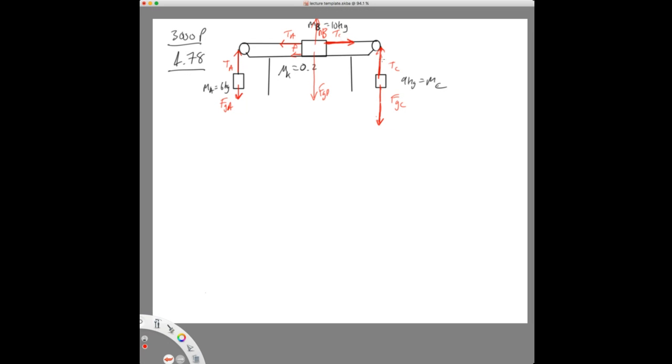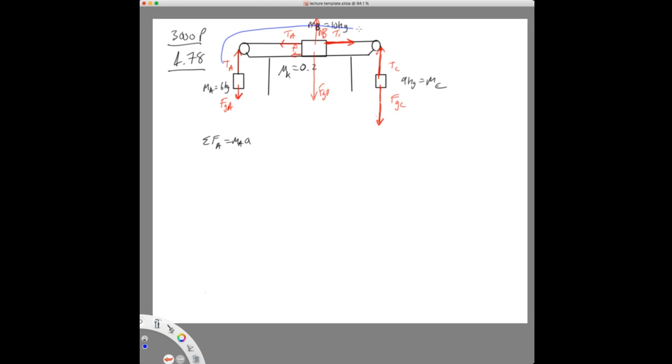Okay, so now I have three masses. So I need to have Newton's second law for each mass. So sum of the forces on mass A equals ma times acceleration. We're going to use the trick.